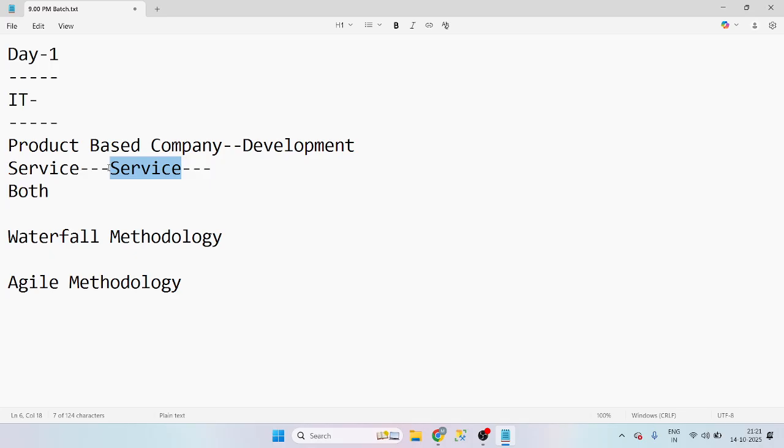Why? Because we need some upgradations. For those upgradations, whatever the product is, we need to make some changes and modifications, like yearly modifications, quarterly modifications, half-yearly modifications. In service-based companies also, we are going to have some sort of development as well.